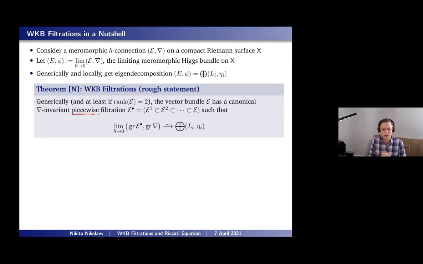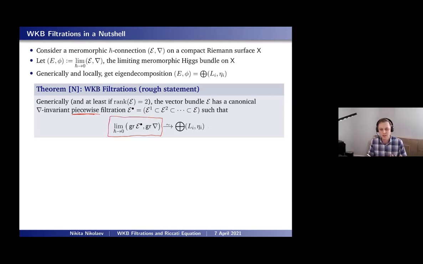One really important detail is this: even if you start with a system which in the H-bar space is defined on some open disk around H-bar equals 0, or even on the entire complex H-bar plane, then it turns out that generically such filtrations only exist in sectors in the H-bar plane. They're certainly not holomorphic at H-bar equal to 0. They exist in sectors.